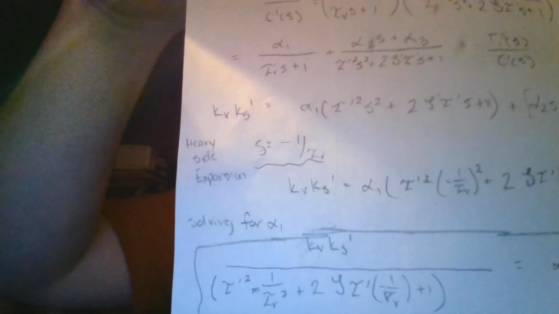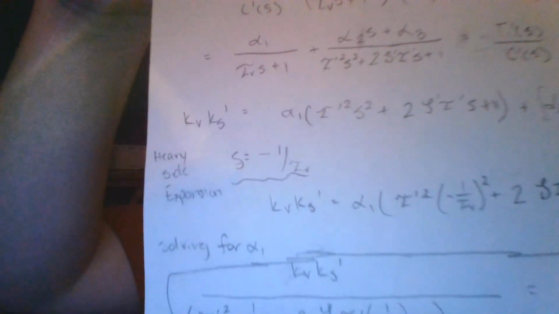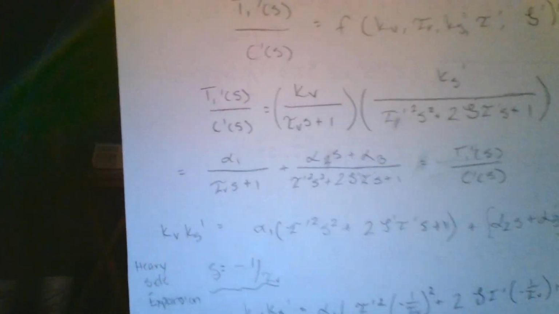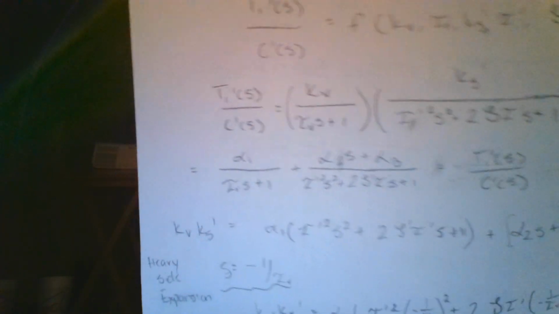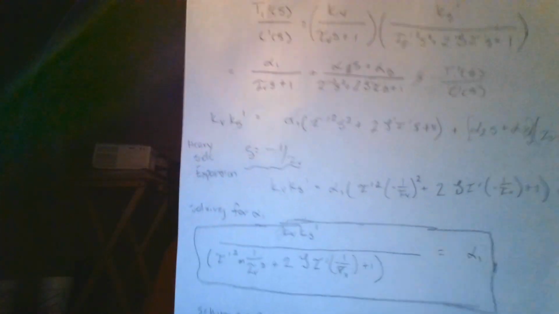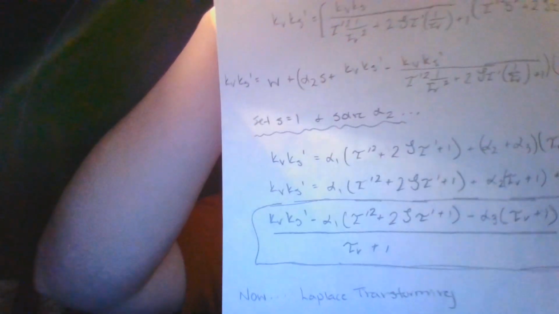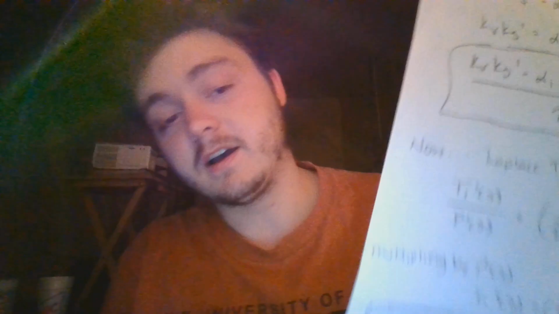equation. And with that Heaviside, we had a first order alpha constant that was solved for, and then two second order alphas that were solved for as well, that were all in terms of the zeta value, the gain values, and the time constant within the valve, which were all variables that were going to affect the outlet temperature. With this, we were then able to inverse Laplace transform the entire equation using the Heaviside expansion that we had done previously.